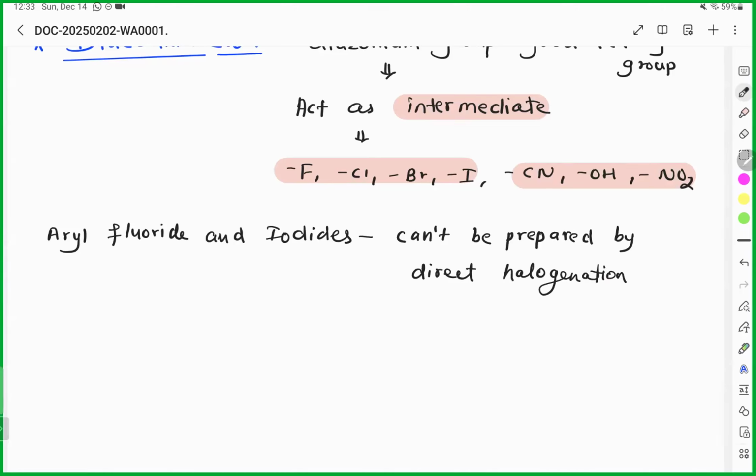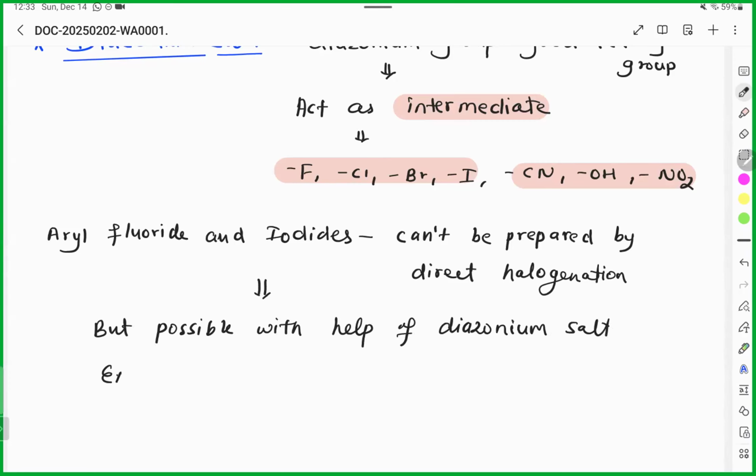Right? In the same way, the cyanide group cannot be directly added by nucleophilic substitution reaction. But it is possible with the help of diazonium salt. Understood? For example, you can easily add a cyanide group in the benzene ring.